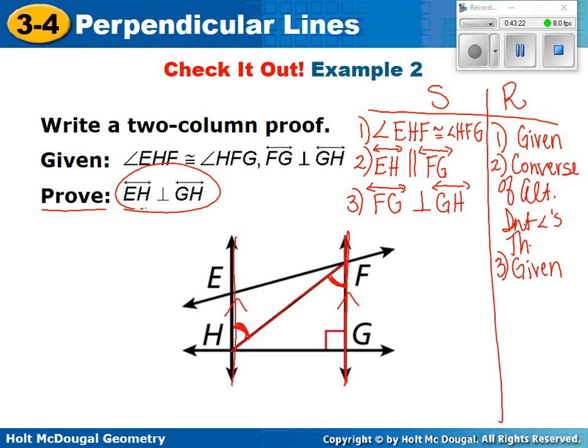So here's this line. I've already drawn in the right angle box. It is perpendicular. So this line HG is perpendicular to FG, and FG is parallel to EH. So if FG is perpendicular to GH and FG is parallel to EH, this is the part that they have in common.